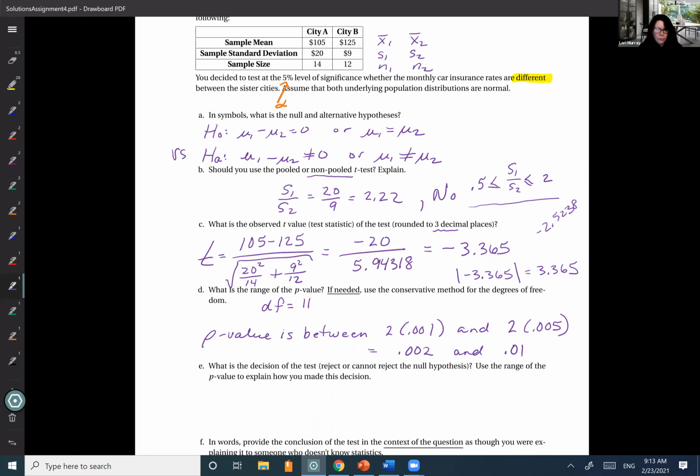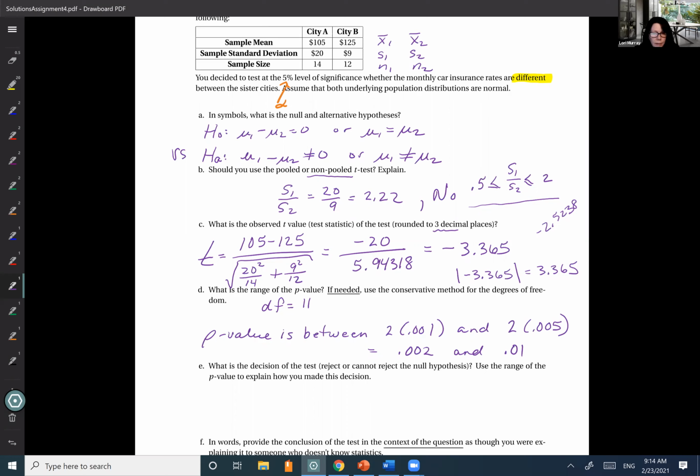So what you want to do is 105. I've got my calculator here, and I'm doing it straight up. 105 subtract 125 equals negative 20, so the numerator is correct. For the denominator, I am taking 20 squared and dividing by 14, and I'm adding 9 squared divided by 12, and I get 5.9.